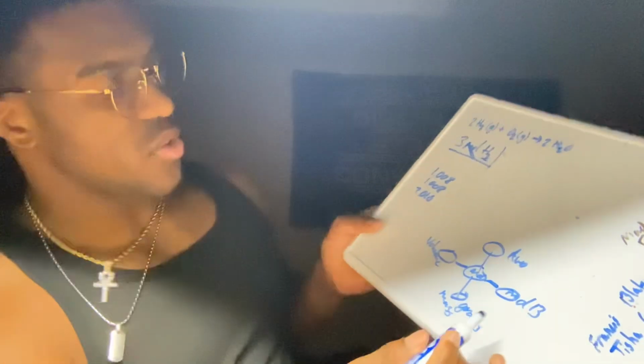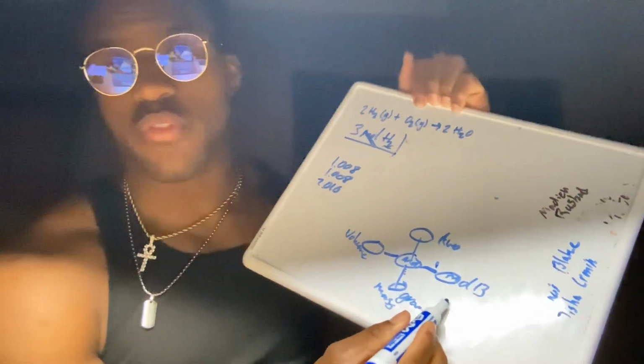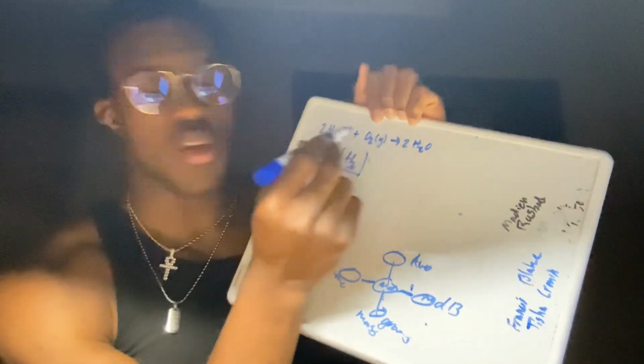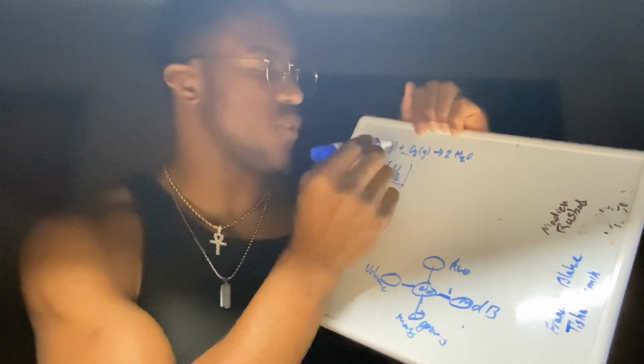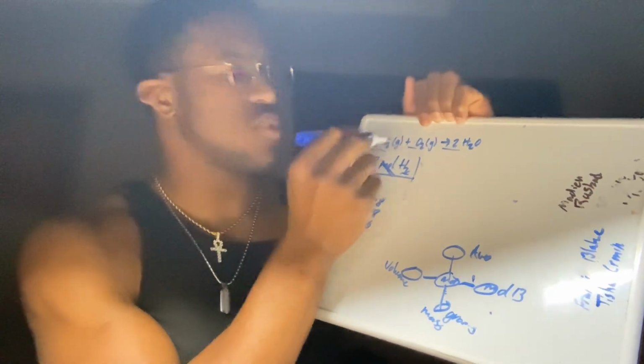Alright, so this one, when you're going from one mole to a different mole, saying if I wanted to go from H2 and I wanted you to end up at H2O, or H2 and I want you to go to O2, you're going to look at the coefficients in front of them. So if I said I want you to go from H2 to O2, right?